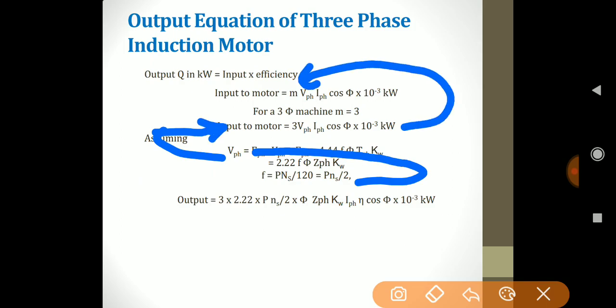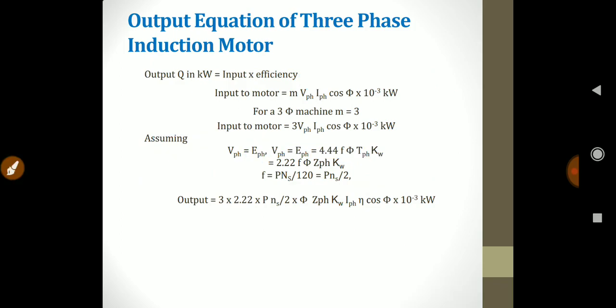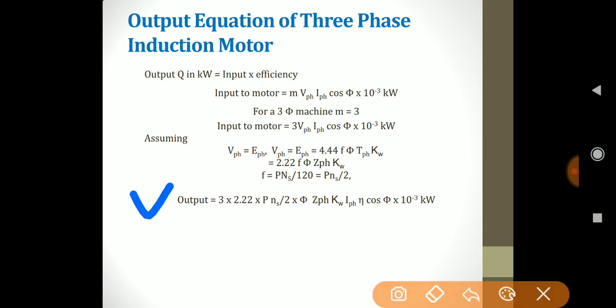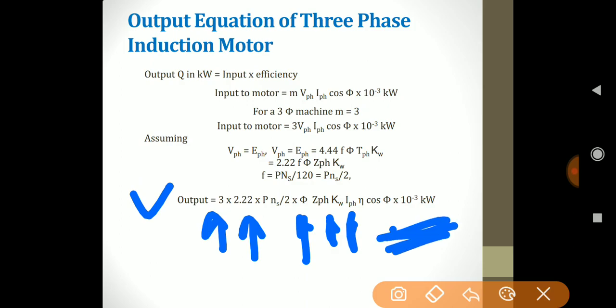So finally after putting all the values, I will get output is equal to 3 into 2.22 into P ns by 2 into phi ZPH kW IPH efficiency eta cos phi into 10 raised to minus 3. All these terms you can cross verify after putting all these values.